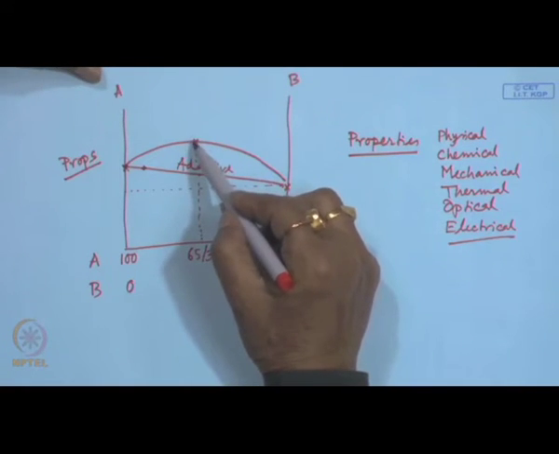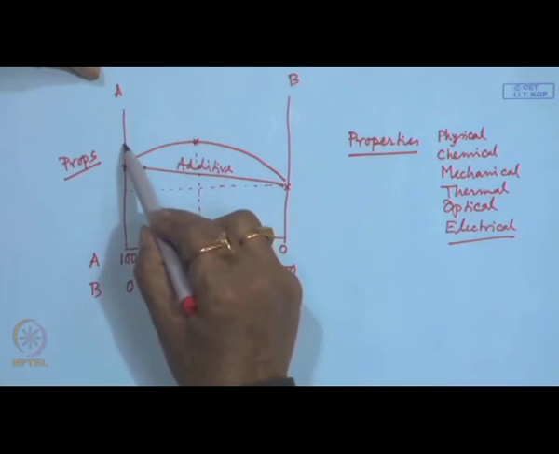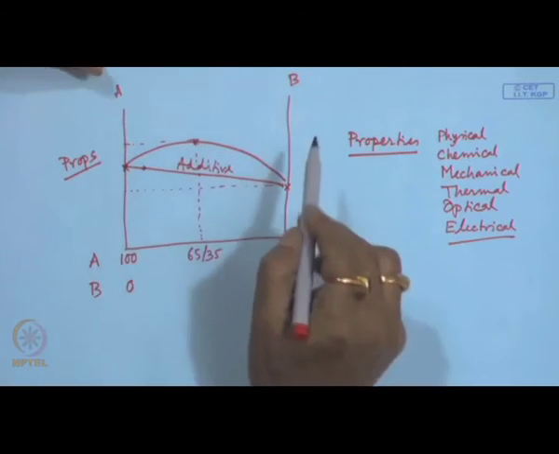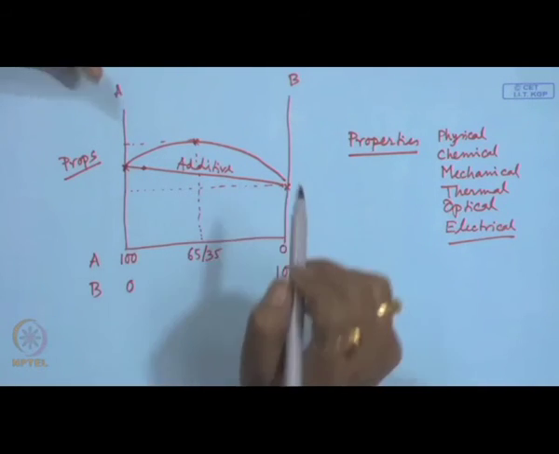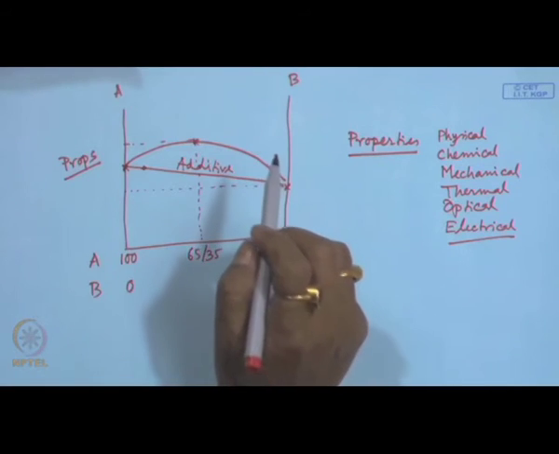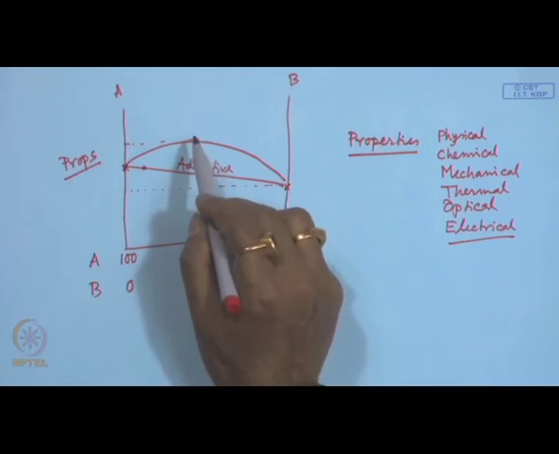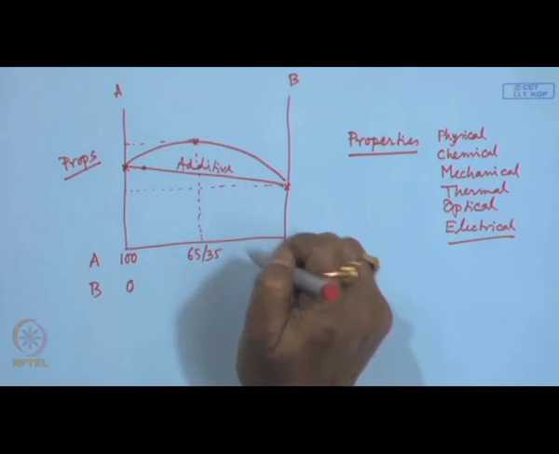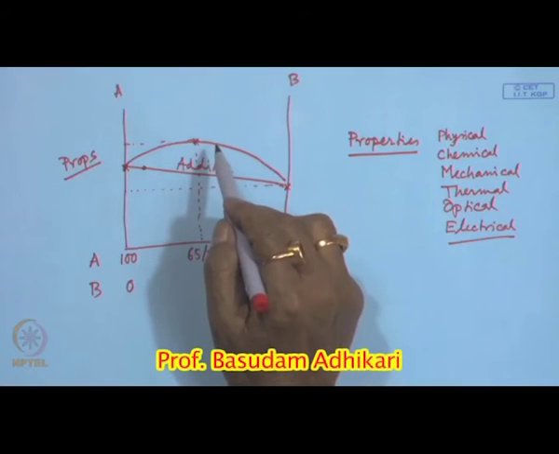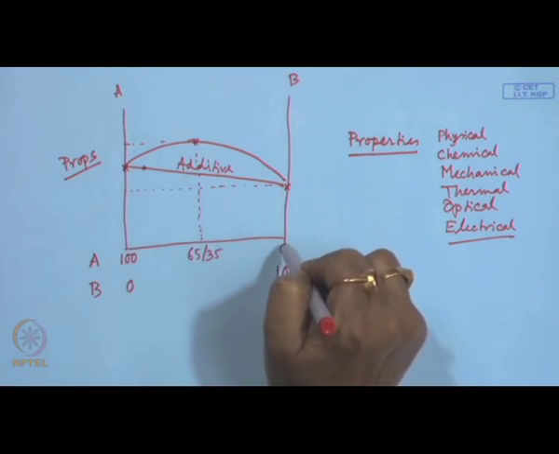So, 65-35 composition can give maximum properties, which is neither available from A nor B. So, that is a kind of synergistic behavior. These are the benefits of such polymer blends having intermediate compositions, which is neither available with A nor available with B.